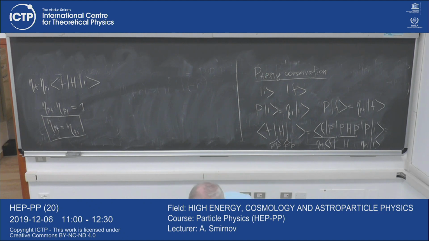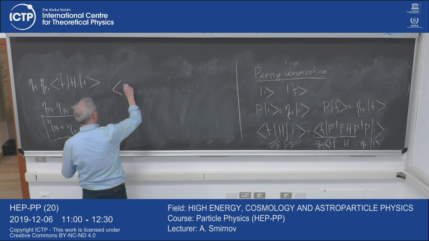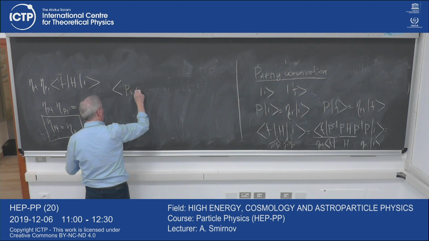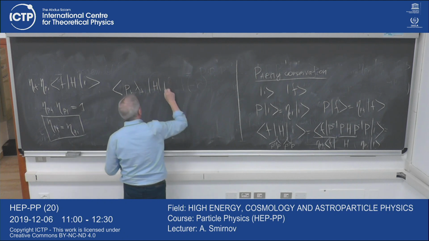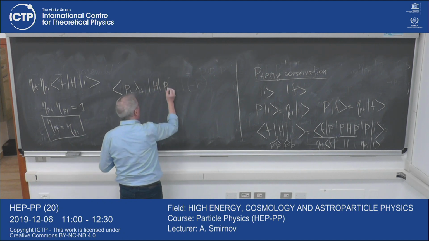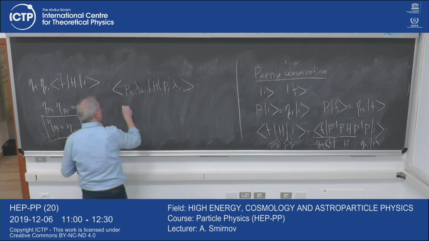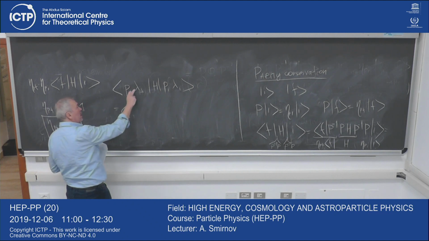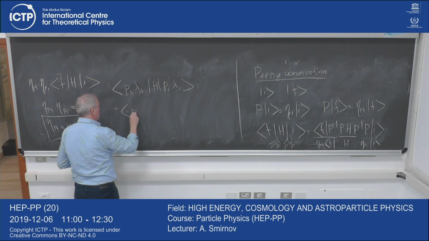But one of these properties which follow from parity conservation is that the matrix element between states characterized by momentum Pf and lambda f, and P initial and lambda initial, equals the matrix element when we change the signs of all momenta and helicities.